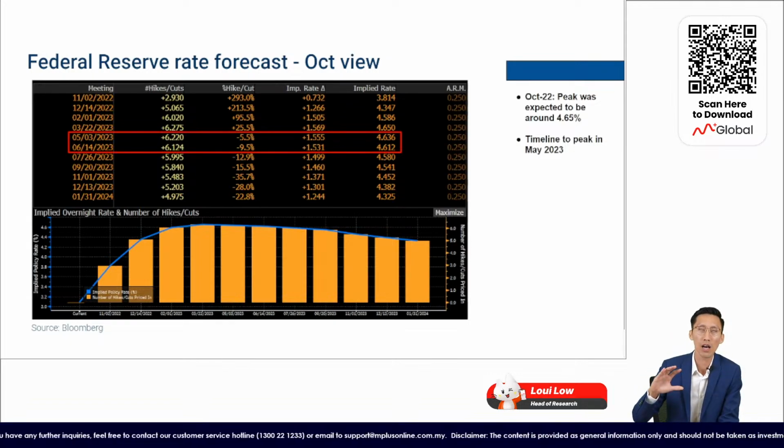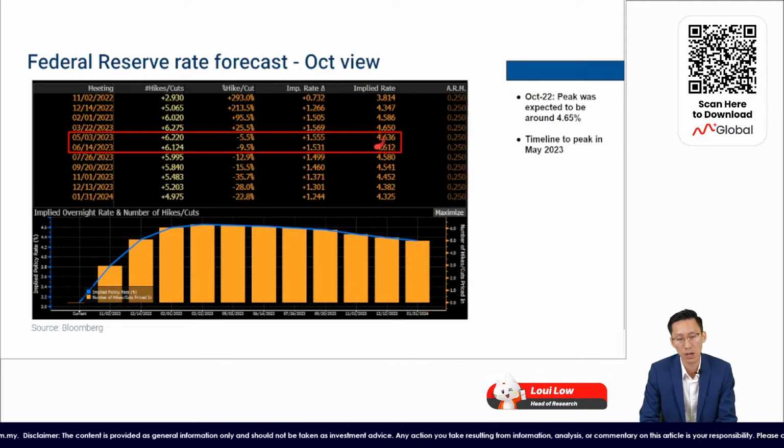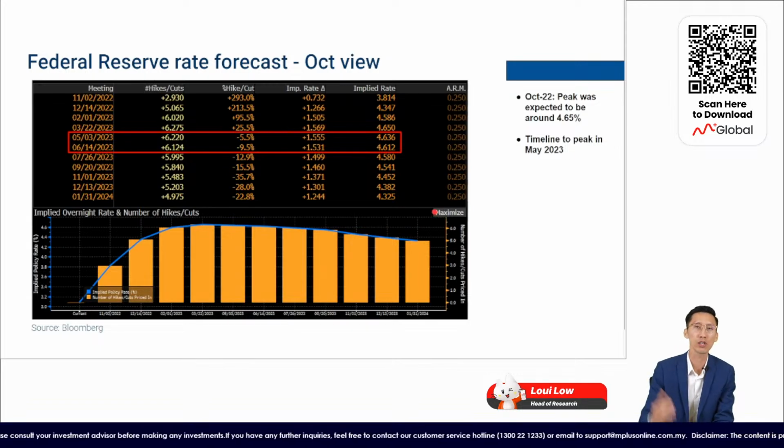So let's understand what has happened since October. What was the consensus thinking during that period for the interest rate cycle? During the October view, the consensus was that rates would peak around May and June, and that after the March FOMC meeting they should be going into a rate cut or a slight decline in rates. So it should peak around March to June, and they wouldn't increase further.